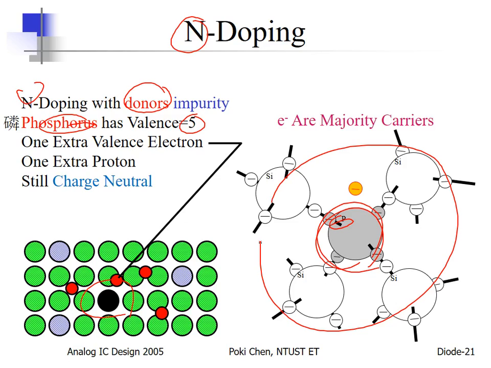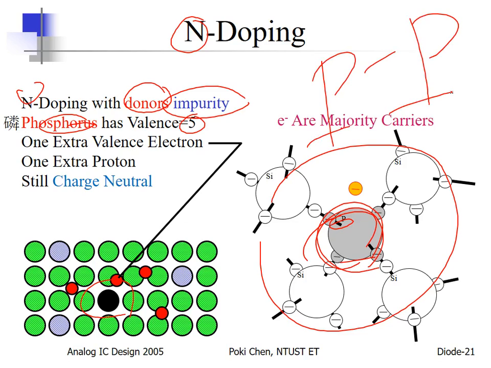The most important idea for doping is that impurities cannot have face-to-face covalent bonds. For impurities, if they look around, all of them had better stay side by side with silicon atoms, not phosphorus with phosphorus.